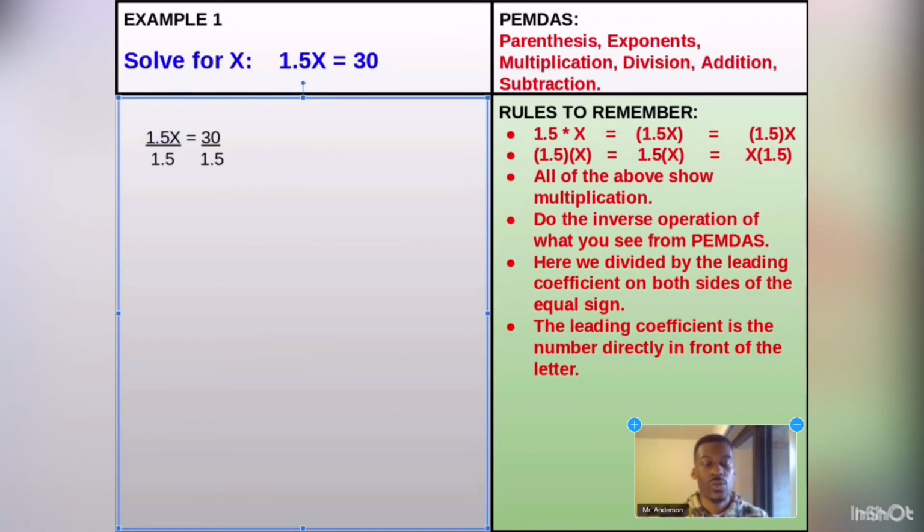Okay? So let's look at this. 1.5x divided by 1.5. And then on the other side of the equal sign, you have 30 divided by 1.5. Let's use the equal sign as somewhat of a barrier, separating what's going on the left side from what's going on the right side of the equal sign.